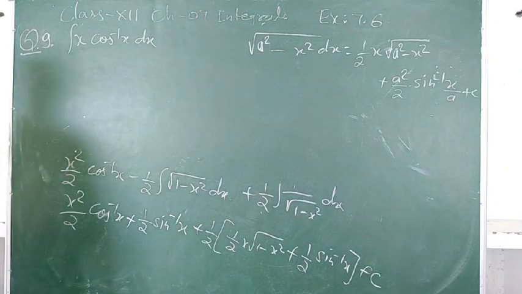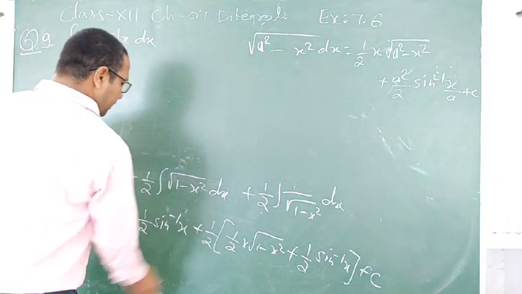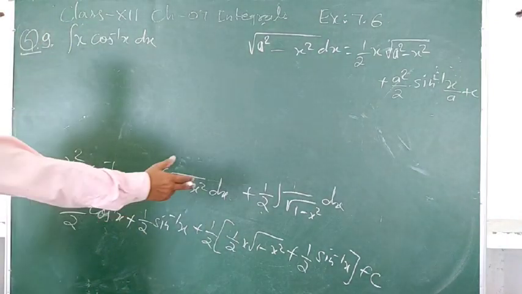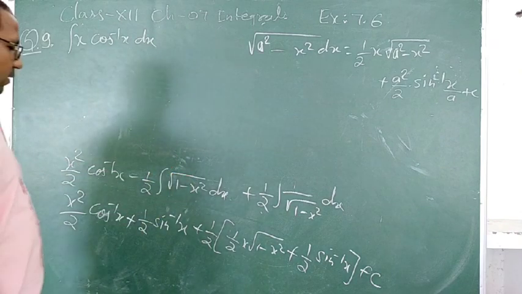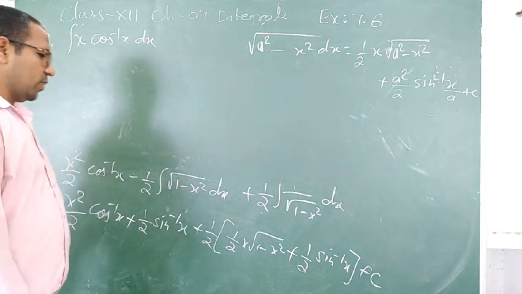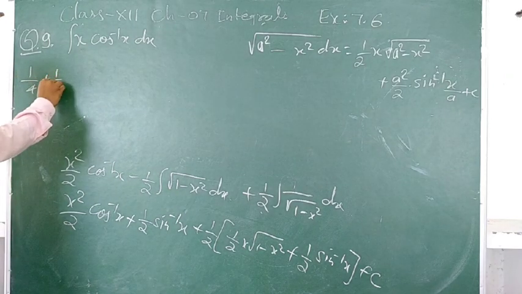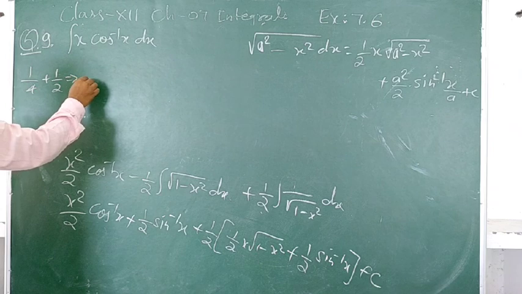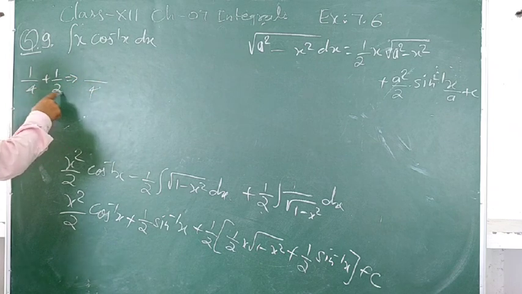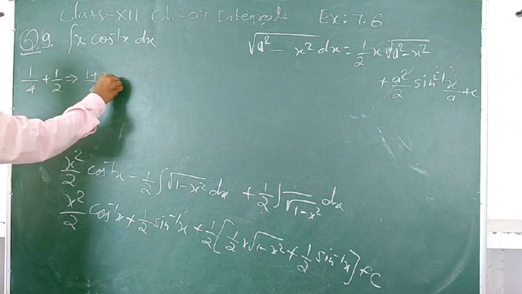So 1 by 2, we can just multiply this, so that will become 1 by 4 sin inverse x, and 1 by 4 and this one 1 by 2. So 1 by 4 plus 1 by 2, how much will you get here? 4 will be the LCM, and 1 plus 2, that is 3 by 4.